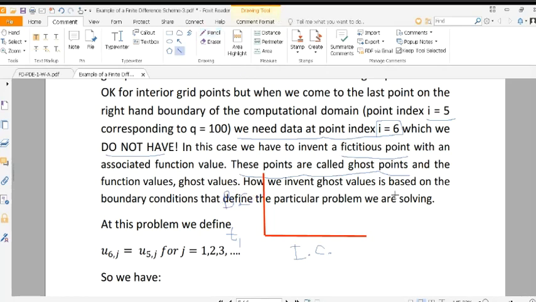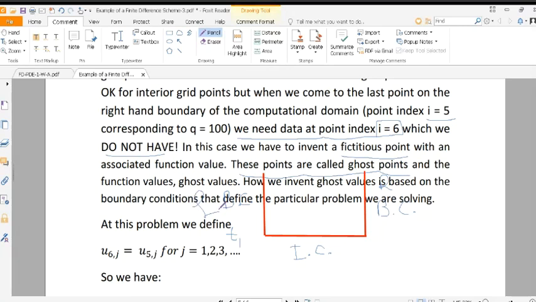For the right boundary condition, we have the value of u at the end point of our domain. This line is the right boundary condition, and this is the left boundary condition.